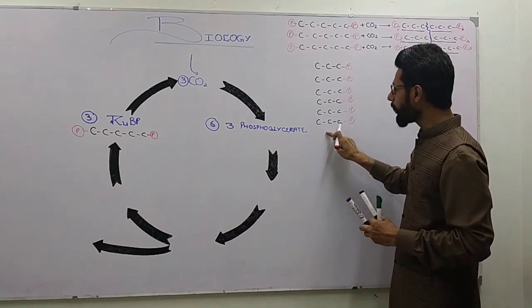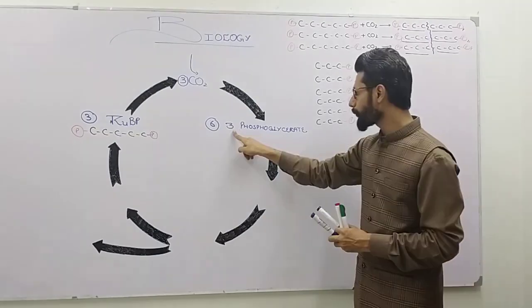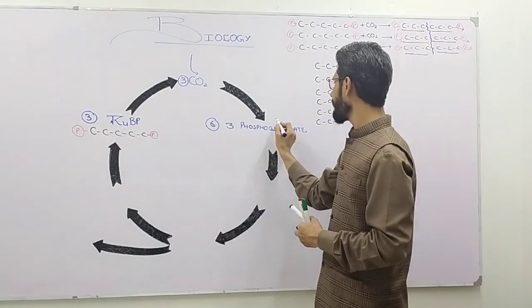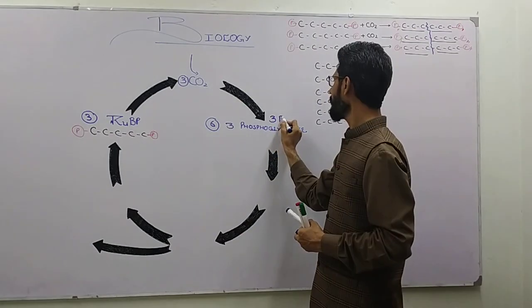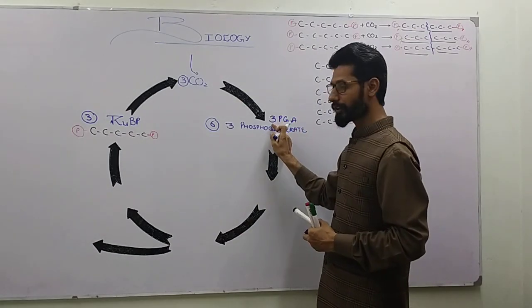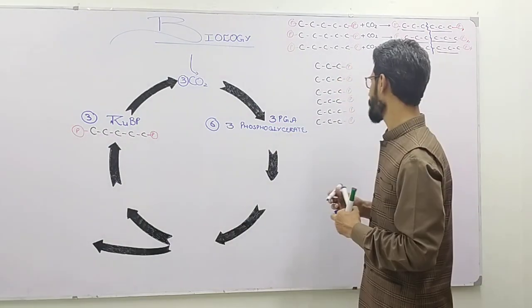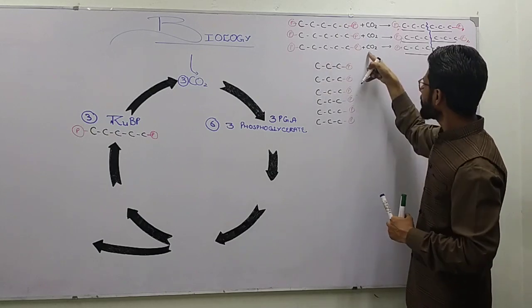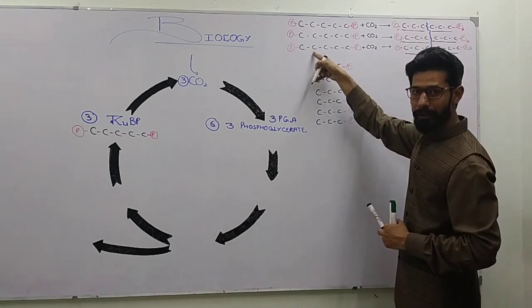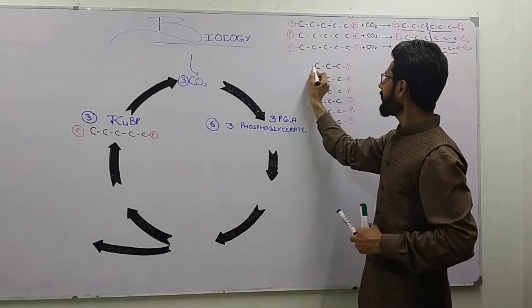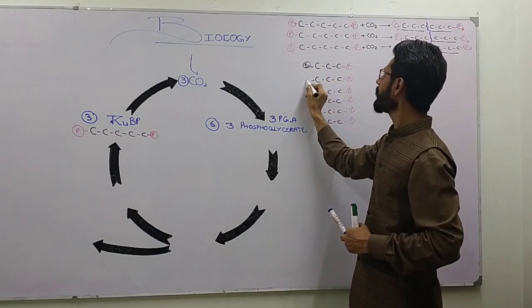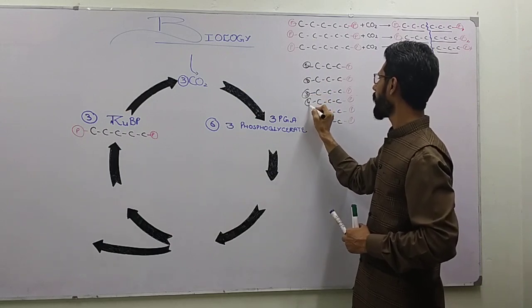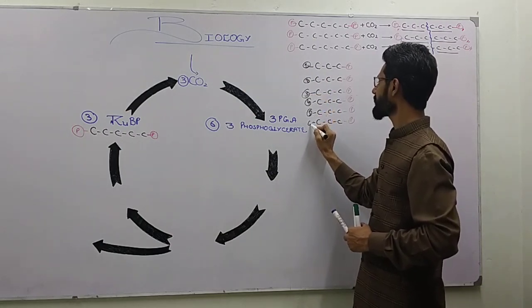This newly formed compound is known as 3-phosphoglycerate, or shortly named 3-PGA, 3-phosphoglyceric acid. So after the addition of carbon dioxide to ribulose bisphosphate, they form 6 molecules: 1, 2, 3, 4, 5, and 6.